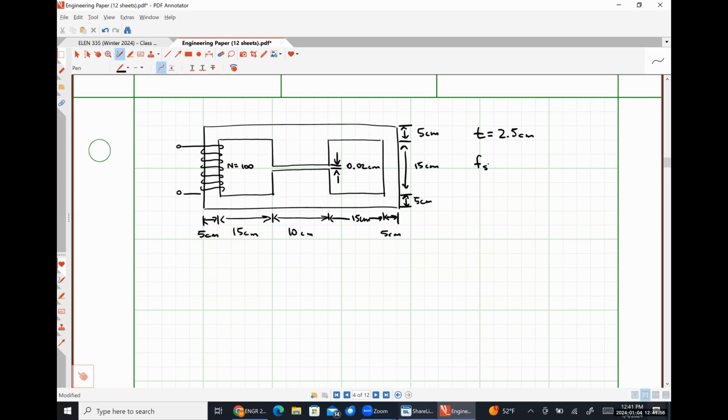The stacking factor is 0.92, and we're told that it's made of my made-up material, Hartmanium.